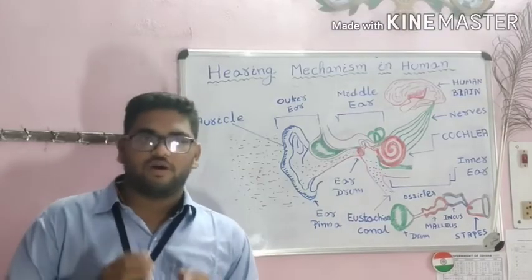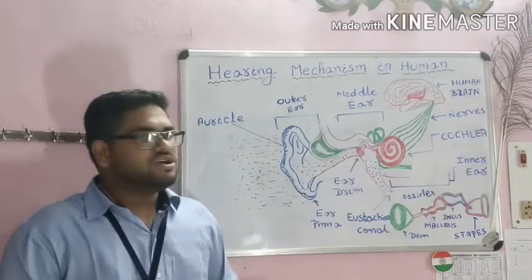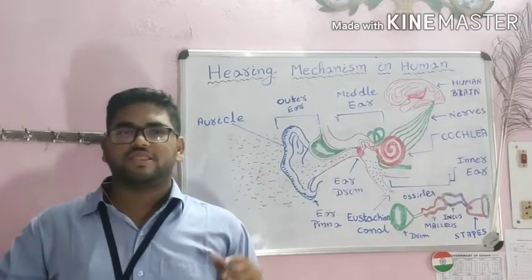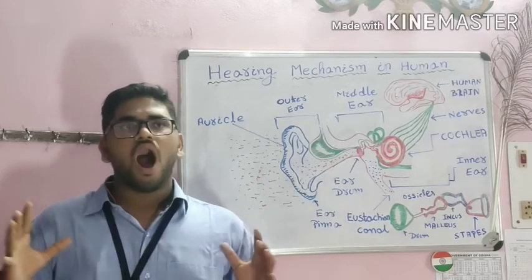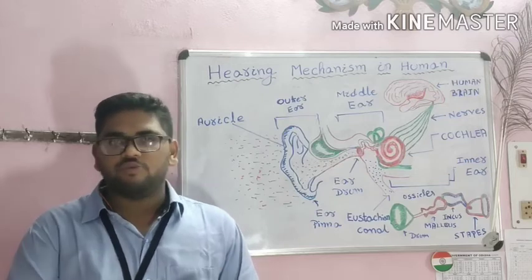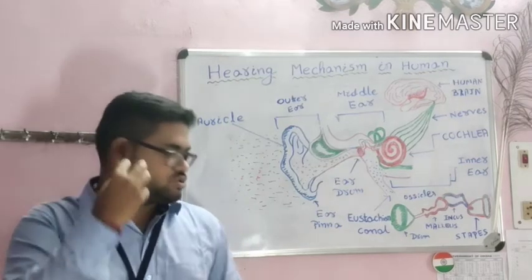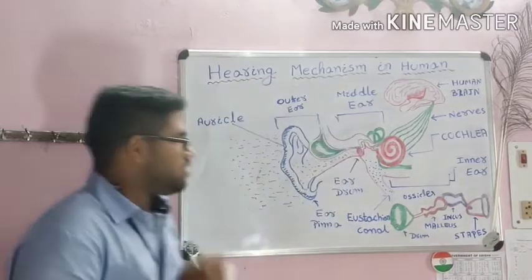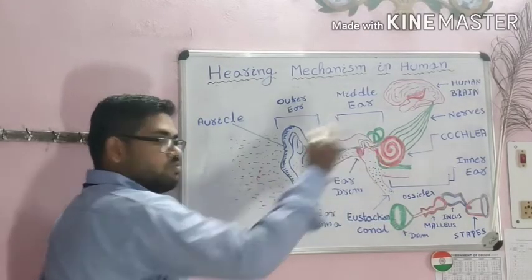Now we will discuss the function of the Eustachian canal. You can see there the Eustachian canal. Whenever we are hearing a large sound like blasting or anything else, the sound waves are moving inside our body with the help of our mouth also. So whenever they enter our mouth, by this path they reach the eardrum from the opposite direction.